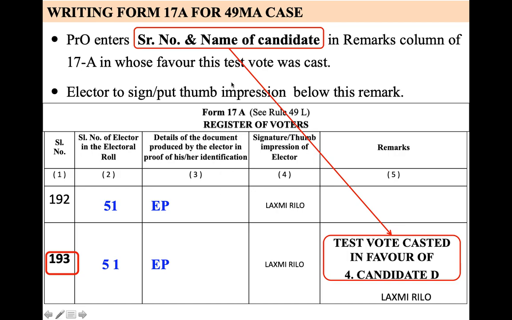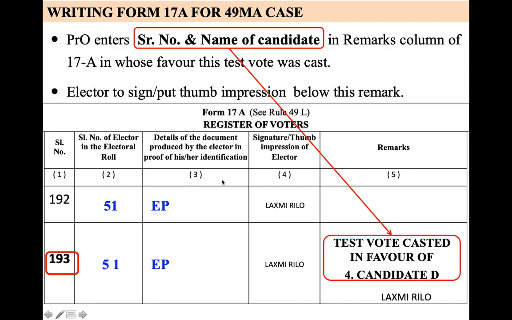When that person is allowed to vote again, first we enter in Form 17A. This is recorded by polling officer 2. Let's take the example of Lakshmi Relo. Lakshmi Relo was the 192nd person that day to come to cast her vote, and her serial number is, suppose, 51, and she brought her EPIC, the elector's photo identity card.